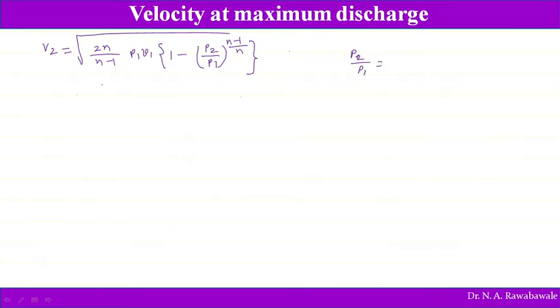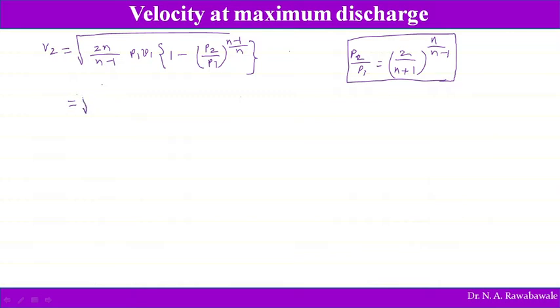is equal to, the condition for maximum discharge was 2 divided by n plus 1 to the power of n divided by n minus 1. So this is the condition for maximum discharge. If we substitute this condition for maximum discharge in this equation of velocity, then we will get velocity at maximum discharge. So here we'll substitute p2 divided by p1 as 2 divided by n plus 1 to the power of n minus 1.